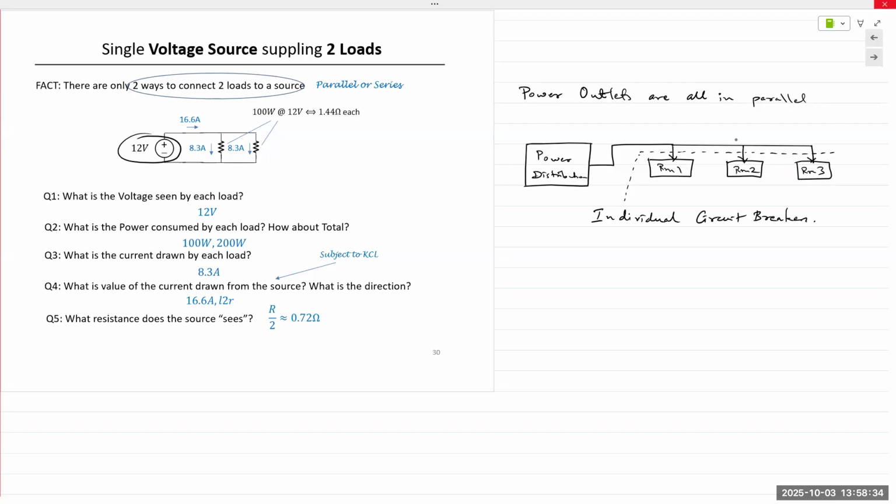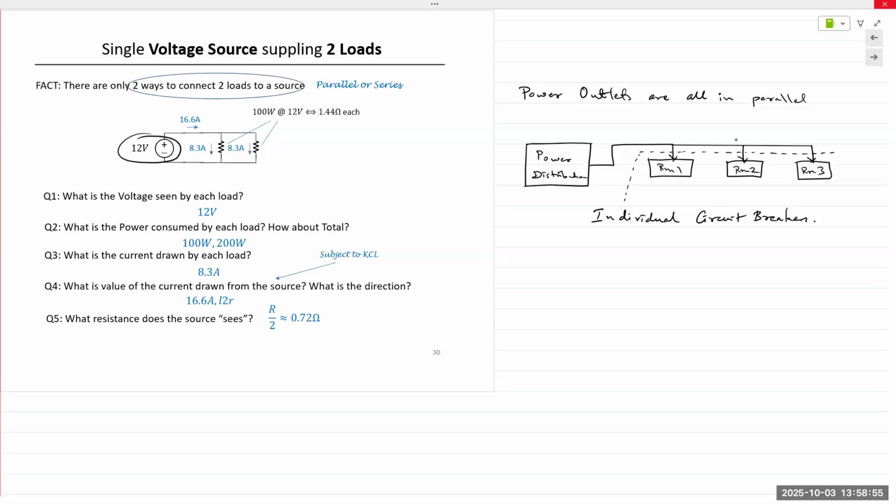So there are individual circuit breakers that protect. So if something happens in one room, it trips the circuit breaker and disconnects that room from the rest of the power outlets. So as long as you have circuit breakers everywhere, then we say that those are independent circuits.